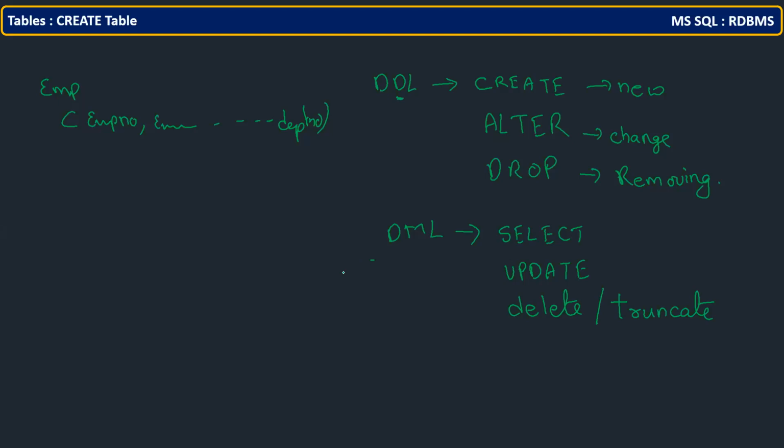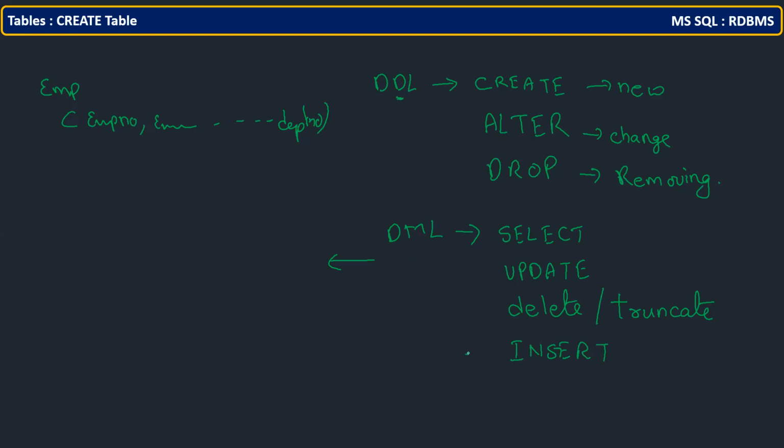Now DML. After house is constructed, you want to stay inside the house, right? That means you can insert the data, and here insert is also will come. Many other are there. I am just taking the important ones. Okay. So DML command. So you can use that house.